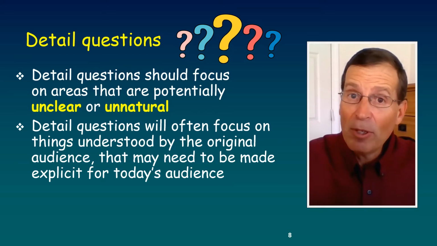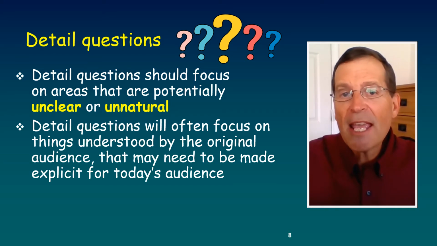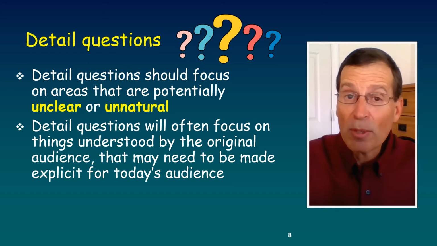Who is a neighbor? It was not the men's fellow countrymen or priests or leaders. It was an enemy, a despised Samaritan. So questions can focus on what your audience is understanding in order to make sure the main meaning is coming through.